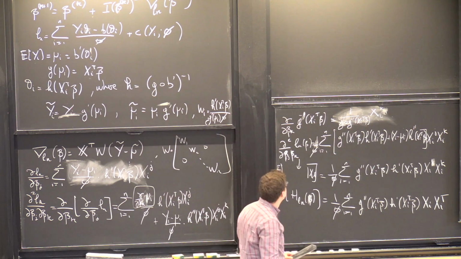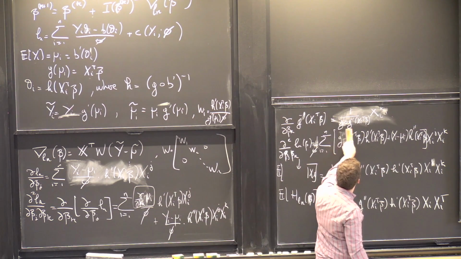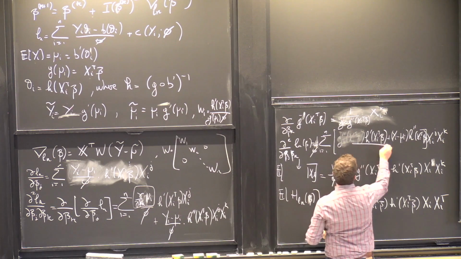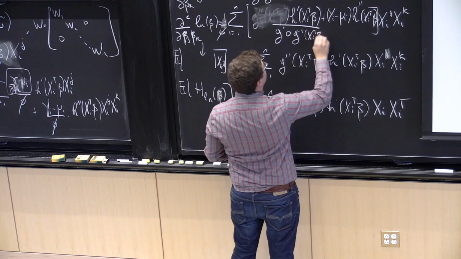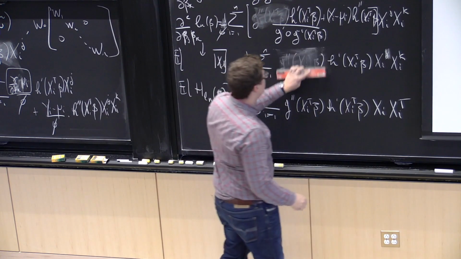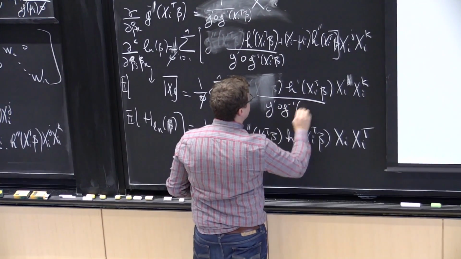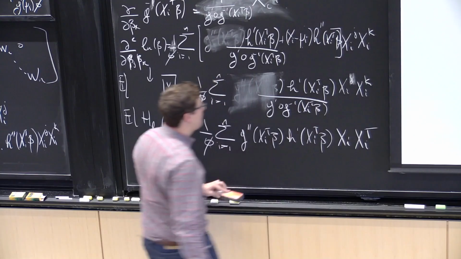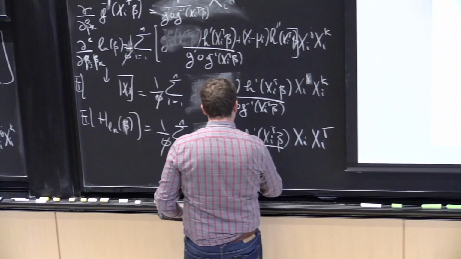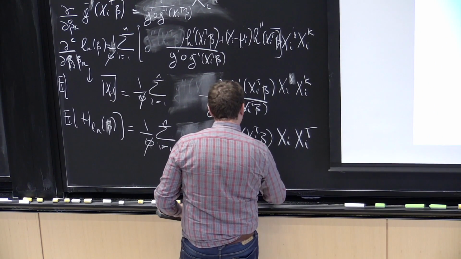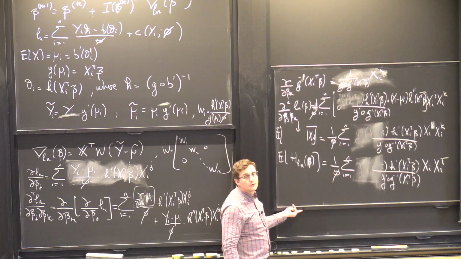All right, so now I'm going to have to rewrite this. This guy is still going to go away. It doesn't matter, but now this thing is becoming h prime over g prime of g inverse of xi transpose beta, which is the same here. Okay?